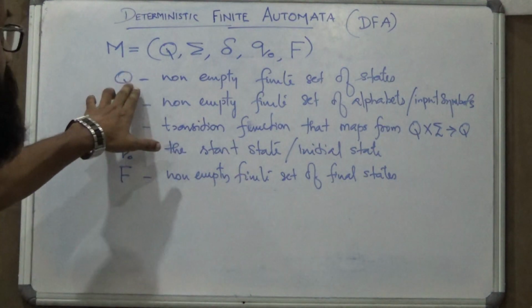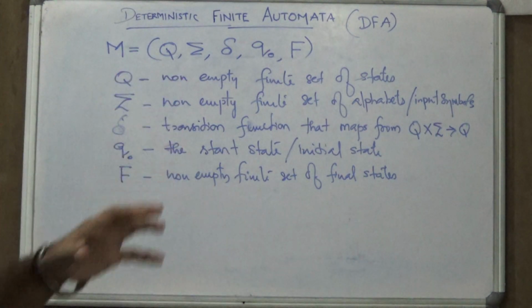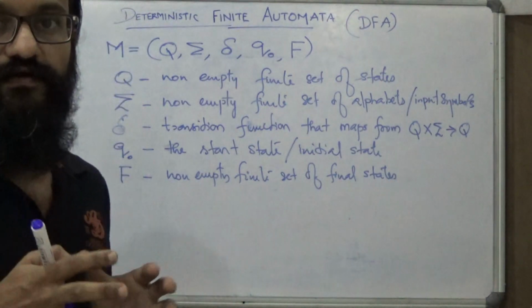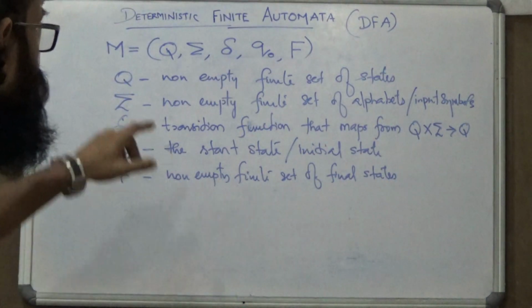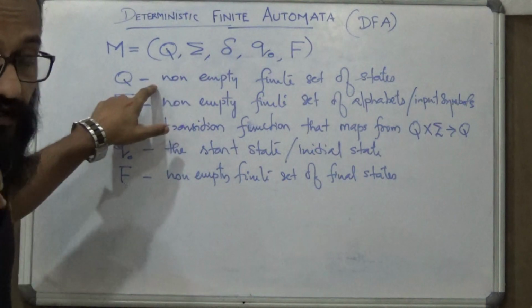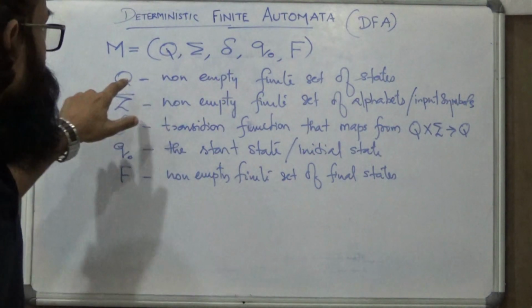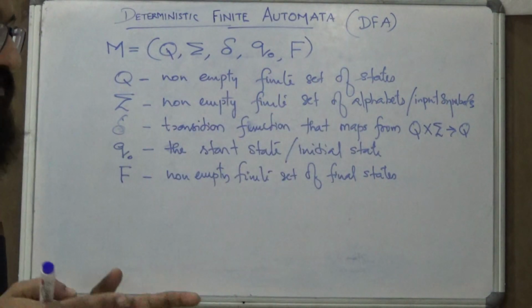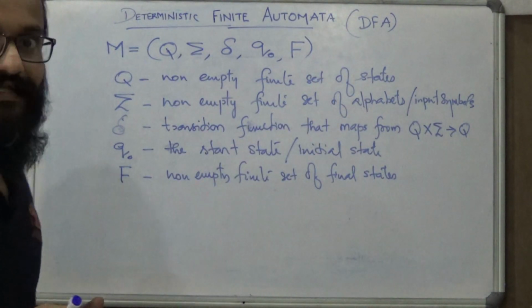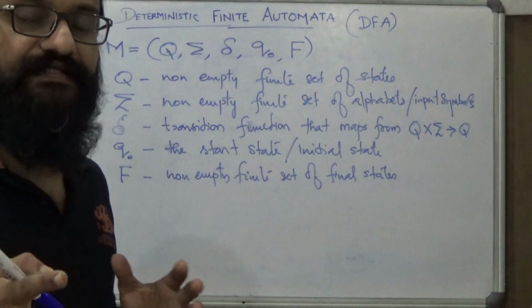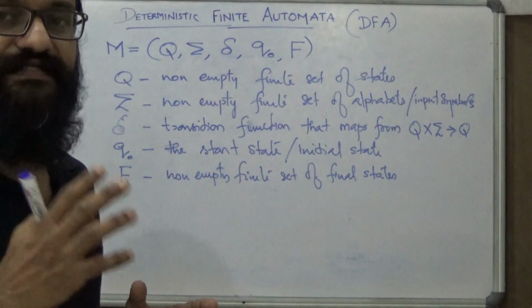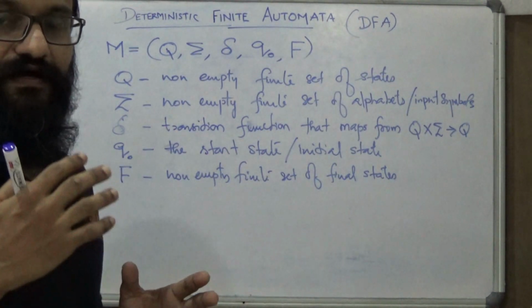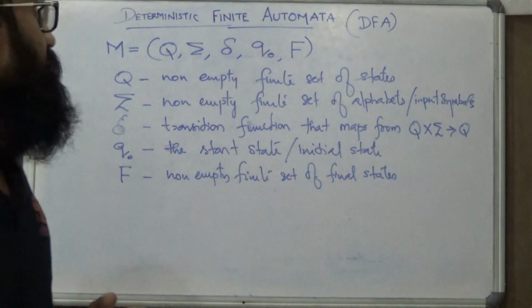So from this it is clear that for a DFA to exist, there should be at least one final state. Q is the non-empty finite set of states. So that set of states must be non-empty, and that set must be finite. That is the reason for calling this model a finite state automata or finite state machine.